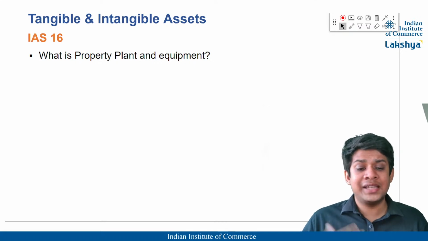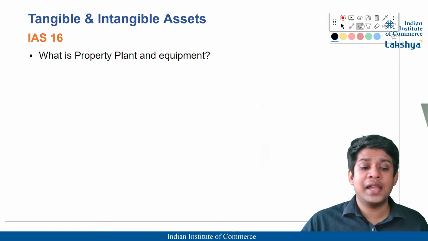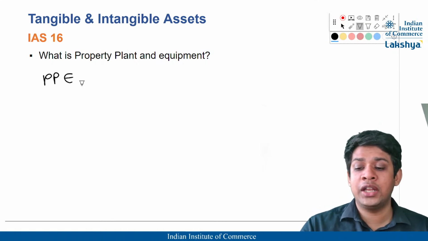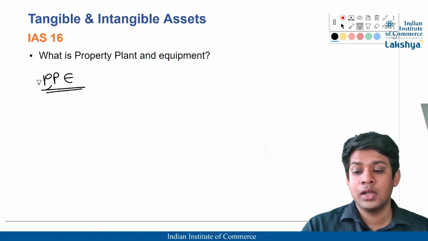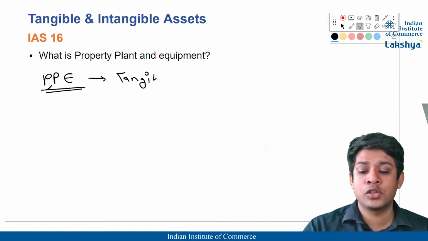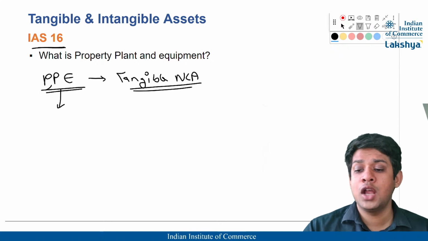Now, what is exactly property, plant and equipment as per IAS 16? So guys, technically, property, plant and equipment, you can shortly call it as PPE, right? Property, plant and equipment. It is nothing but tangible non-current assets that we are supposed to understand, right? So what is the definition of property, plant and equipment as per IAS 16?